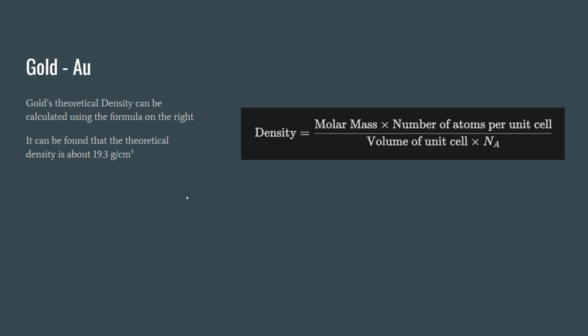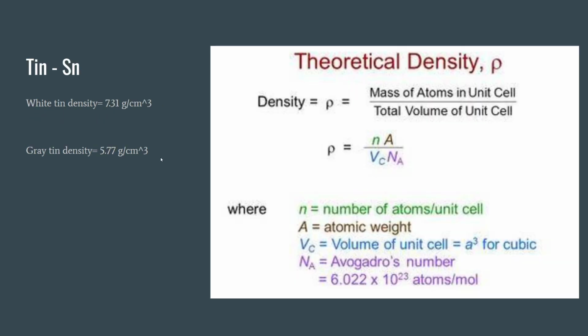Doing this for gold, you get a density of 13.3 grams per centimeter cubed. Doing the same for white and gray tin, you get respective densities of 7.31 grams per centimeter cubed and 5.77 grams per centimeter cubed. Here's once again another demonstration of the equations used, as well as what the values mean.